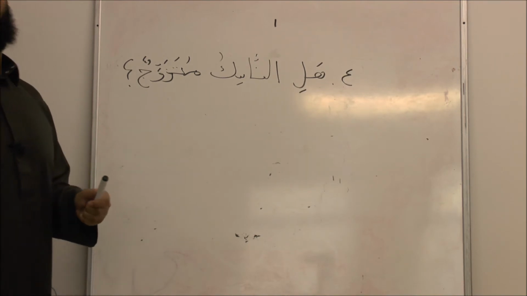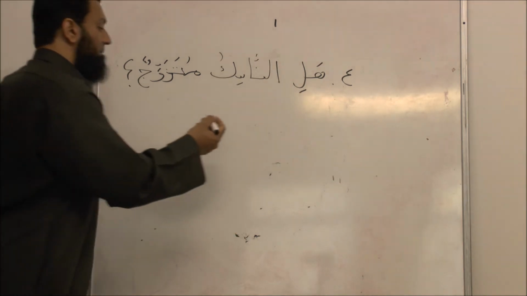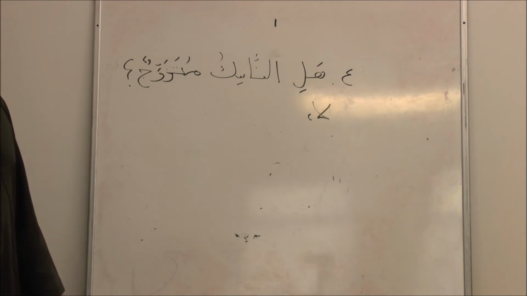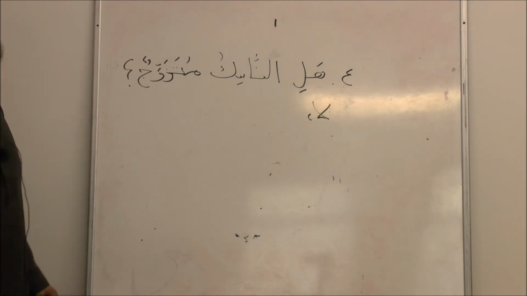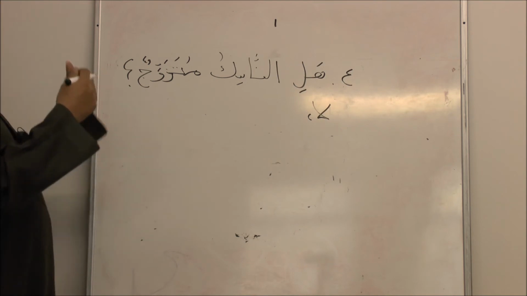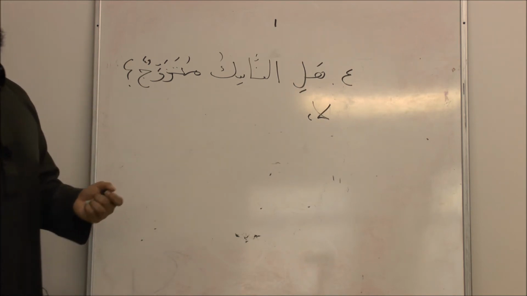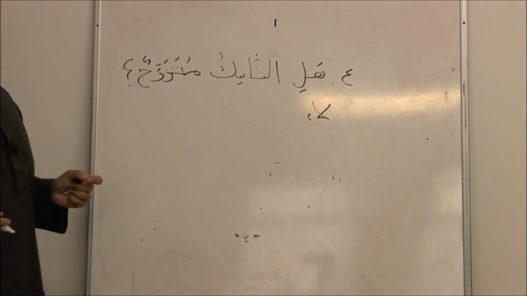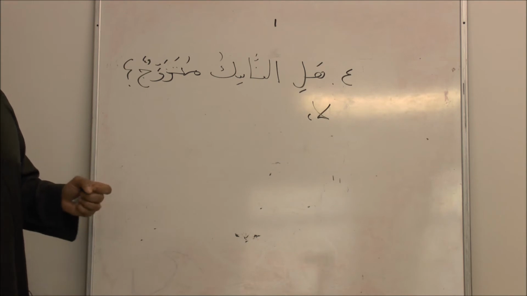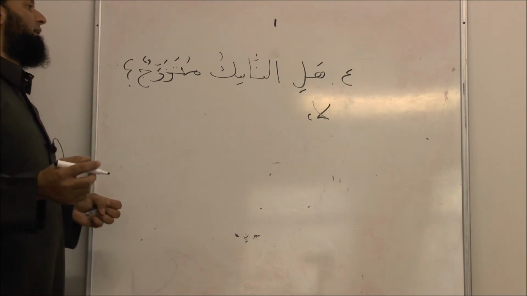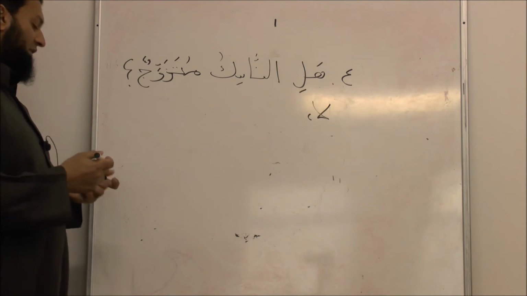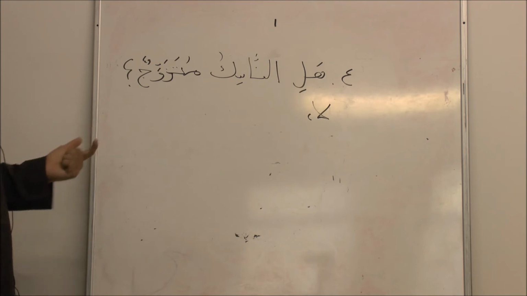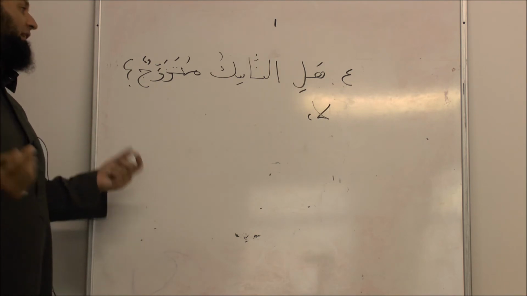So how do we begin our response? La. Then الناسك. But how are we going to negate it? We've started with the la, then we have to negate this sentence. How are we going to negate متزوج? Lam. If we're going to use la, there are several ways.